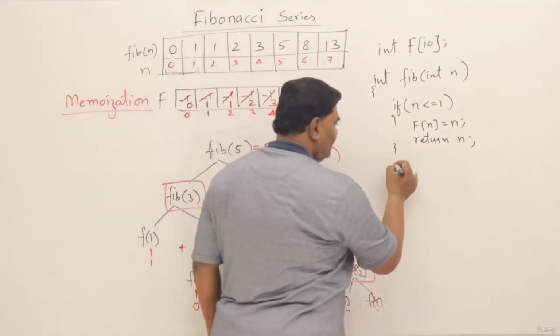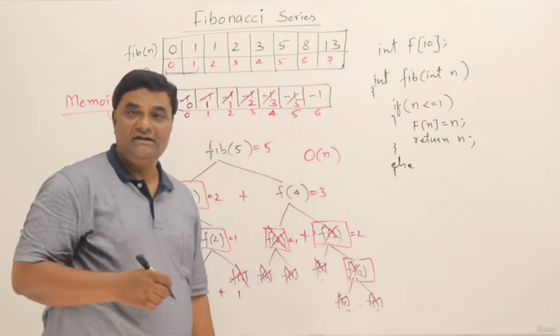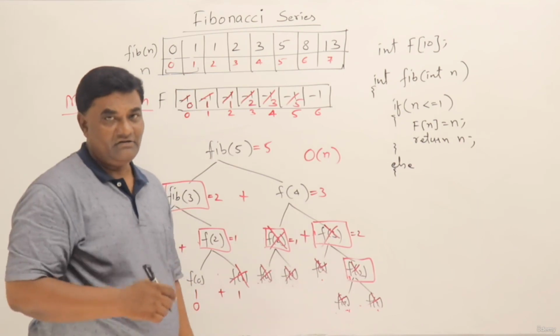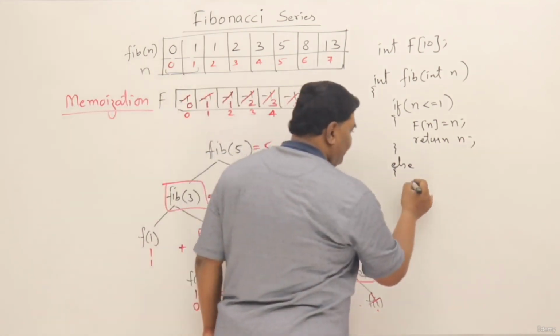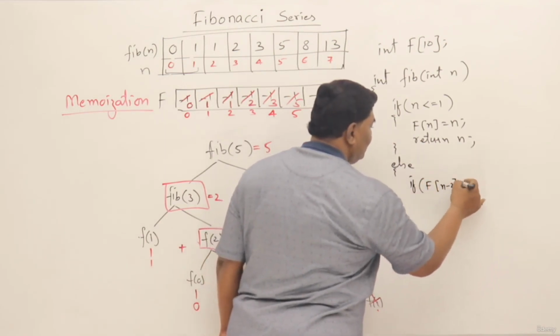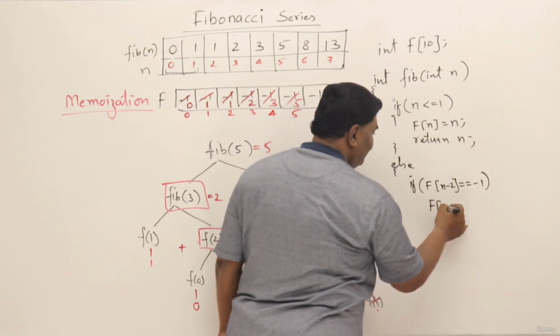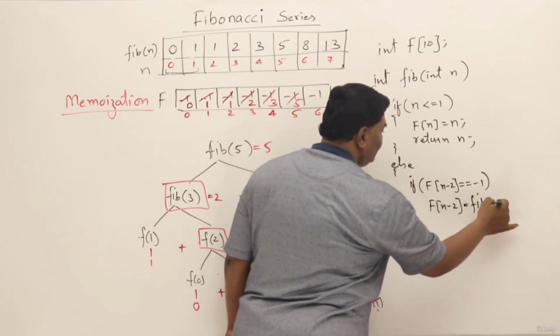Then the else part. Earlier we were blindly making two function calls, that is fib of n minus 2 and n minus 1, but now we check and then make a call. If the value is not known, then we'll make a call. So if f of n minus 2 is minus 1, means if you don't know the value, then f of n minus 2 gets the result of fib of n minus 2.